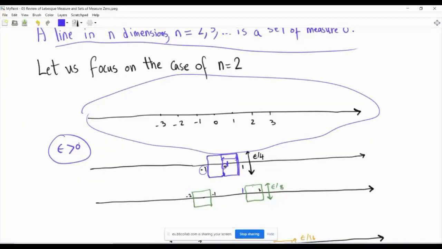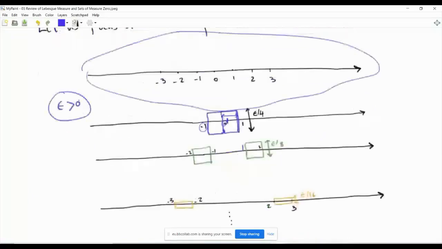The width is still 1 unit of length, but the height will be not epsilon over 4, but epsilon over 8. If epsilon is a positive number, epsilon over 8 is also a positive number. This rectangle is smaller than this other rectangle, but it is a perfect rectangle, covering from 1 to 2, and there is a similar one covering from -2 to -1.